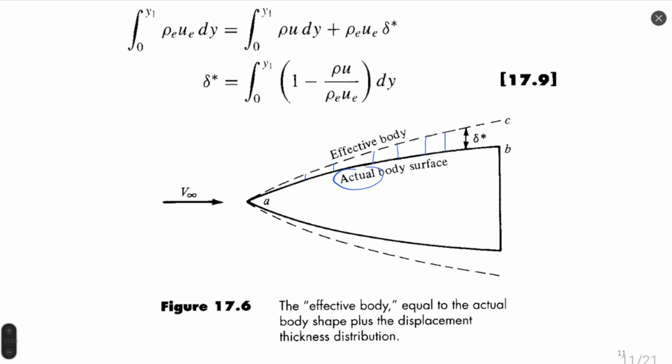This is a very typical approach, used from long ago when simulation of the boundary layer was not possible. By substituting the actual body with the effective body, we could use inviscid flow equations and calculate the behavior of the flow quite precisely. Of course, this method has disadvantages because without real calculation of the boundary layer, we do not see the profile, we do not see shear stress, we do not see many other things.